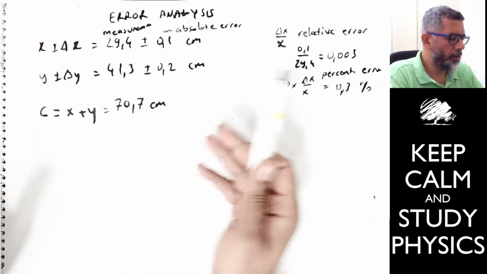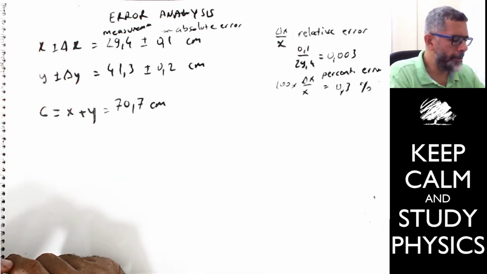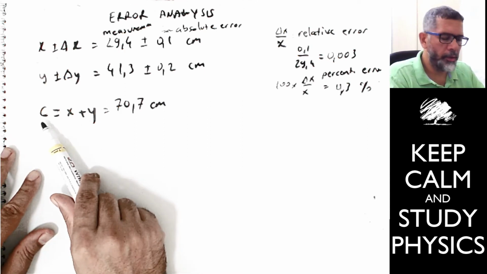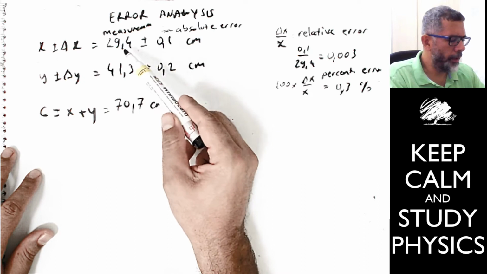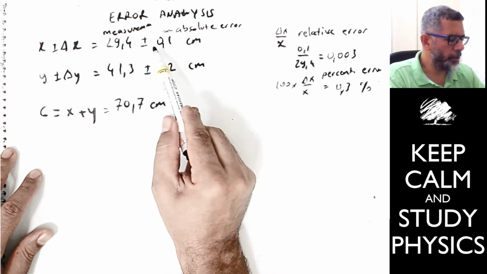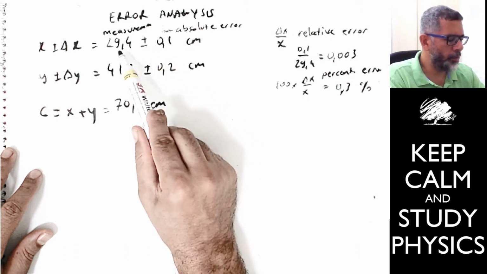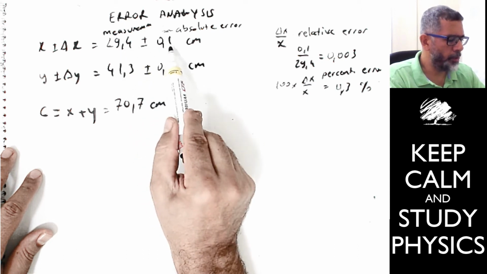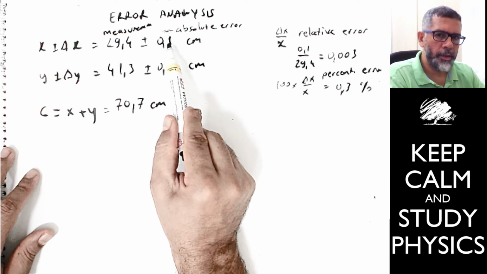One way to have an idea of a possible result is that the minimum measurement for x could be 29.3, because there is 0.1 centimeters of error.